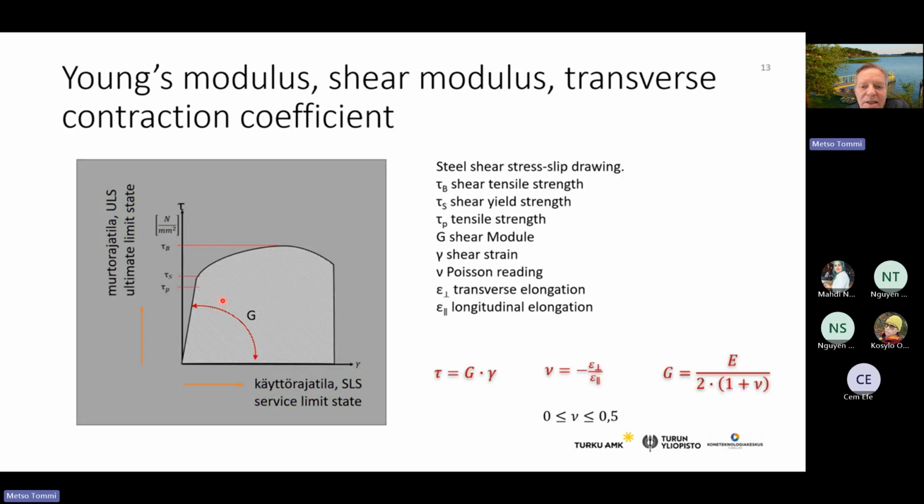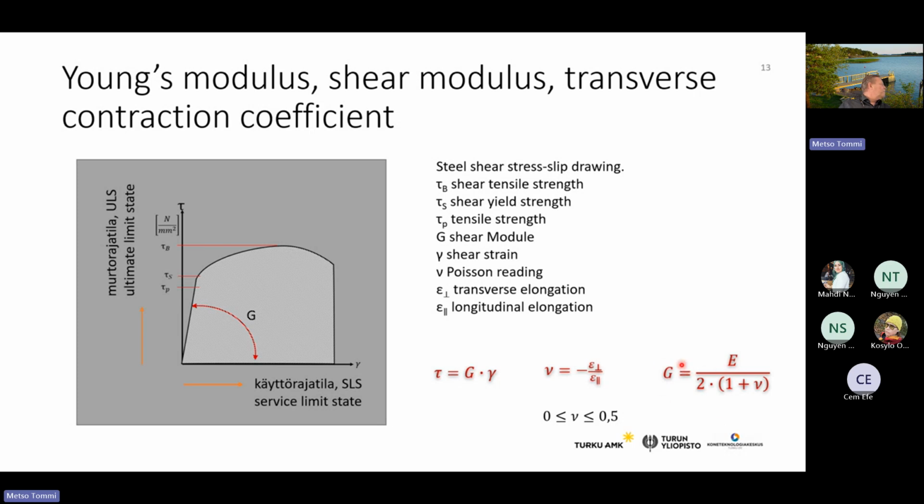And there's a mathematical connection between this E and G. And for the same reason, the material has less strength in shear load than in tensile load.